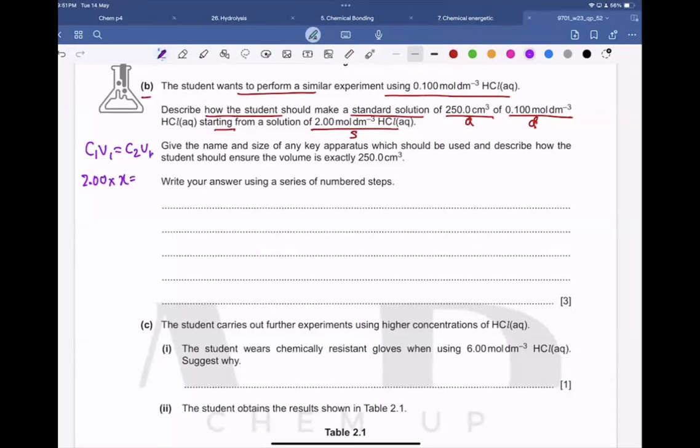Sorry, it's going to be V2. The concentration of the diluted solution is 0.100. The volume that I need is 250. So the value of X is going to be 0.100 times 250 over 2. Can anyone tell me the answer? Is it 12.5 centimeter cube?